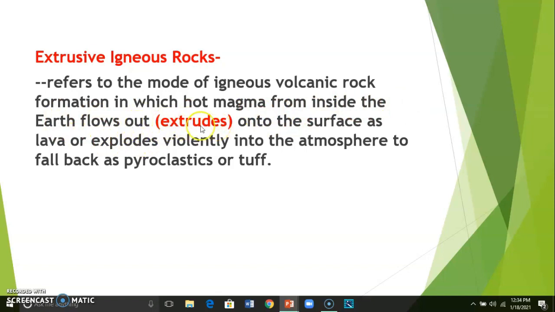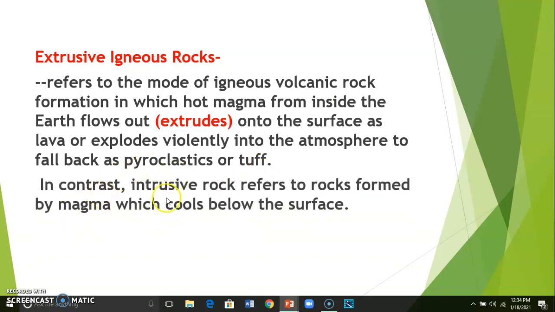Meaning extrudes, it will go out. The intrusive, it will go in. Extrusive means onto the surface as lava or explodes violently into the atmosphere to fall back as pyroclastics or tuff.